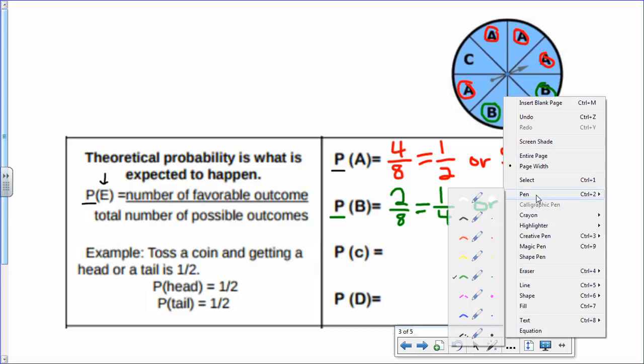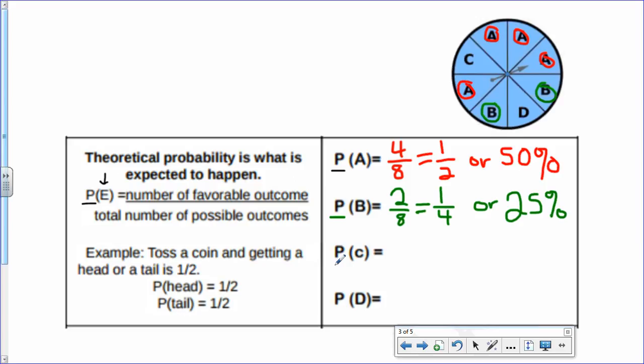The next letter we want to find the probability of is the probability of spinning a C. So if we go back to our spinner, there's only 1 C, still out of 8, because there's 8 possible. So it's 1/8, or we can say 12.5%. Okay.